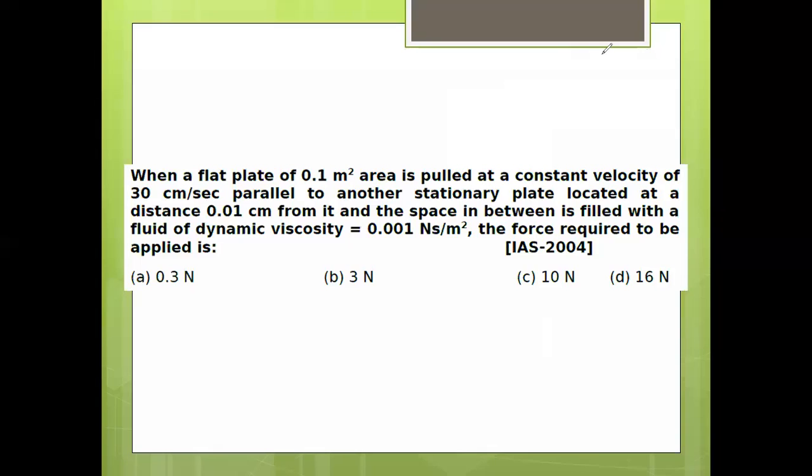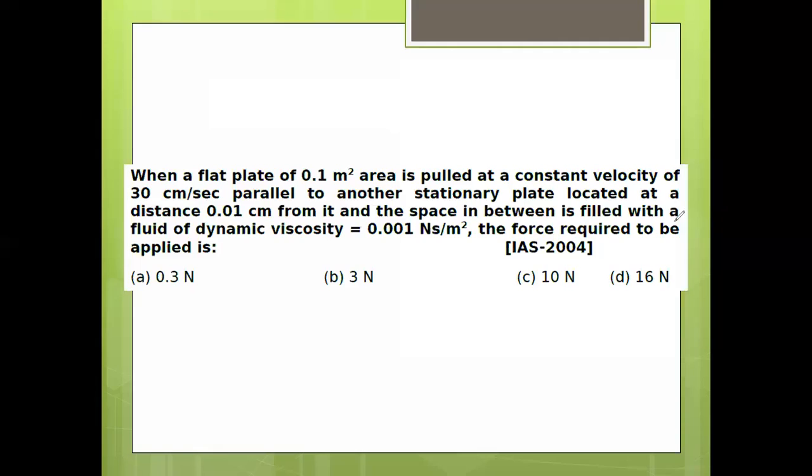Some of the students are solving very fast. Before my explanation, they are putting the answers, which means they have understood the concept clearly. This should be your proactiveness. Suraj has got option A, Neha option A, Utuja option A.